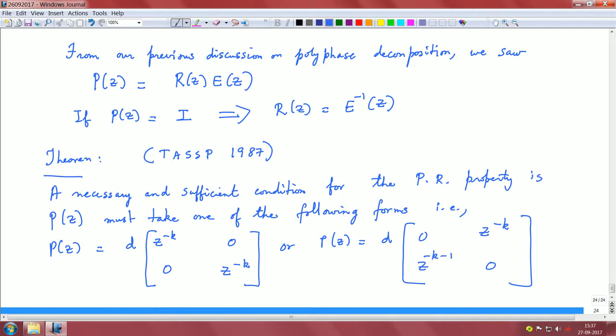So, the proof is given in the paper that you can refer to, and I will leave this as an exercise.